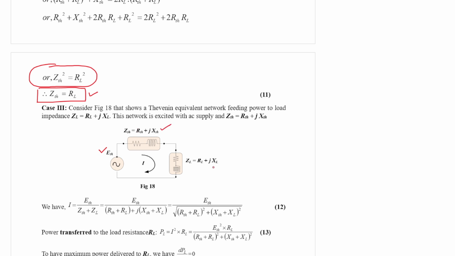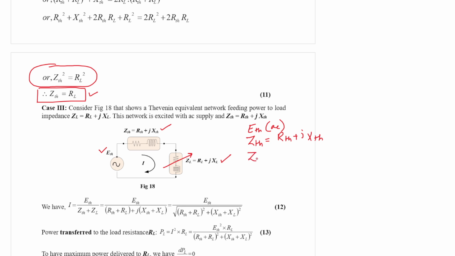But what is newly added is that the load impedance has not only resistance but also a reactance part. This is a variable impedance now, not a variable resistance anymore. So the source is ETH, which is an AC source, and the Thevenin equivalent impedance is RTH plus jXTH.